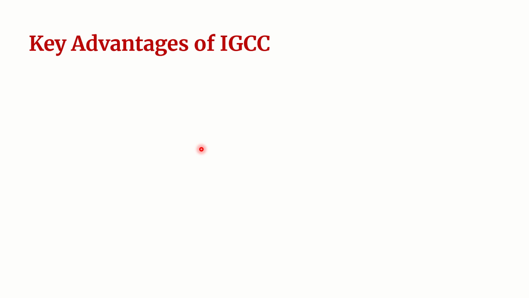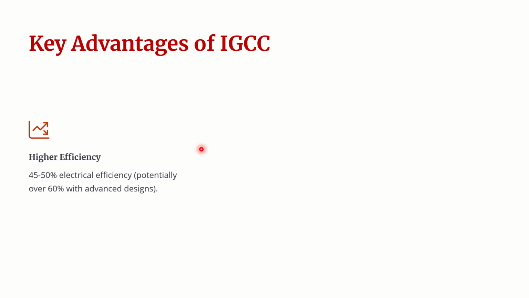Then what are the key advantages of this system? Higher efficiency. Integrated gasification combined cycle plants can achieve higher electrical efficiencies, around 45 to 50 percent or more, potentially over 60 percent with advanced designs and hot gas cleanup, compared to conventional plants, due to the combined cycle configuration.